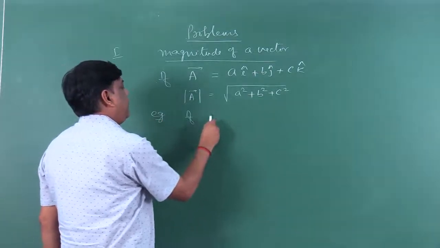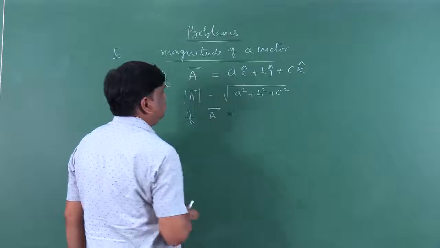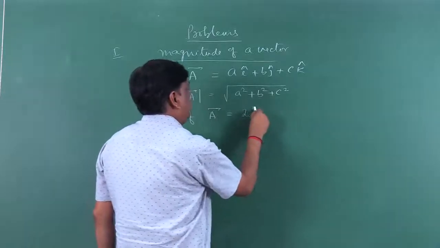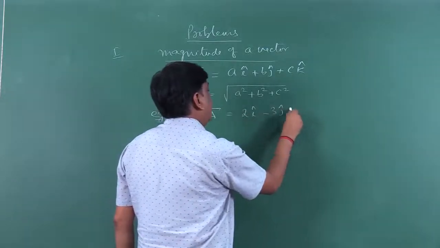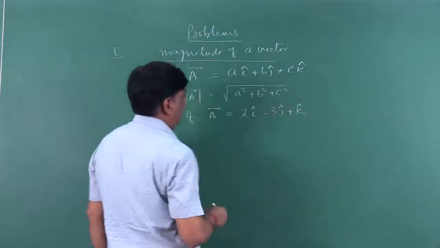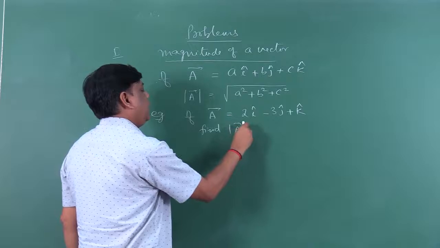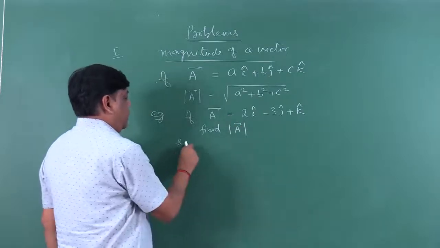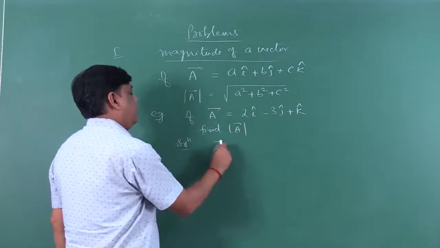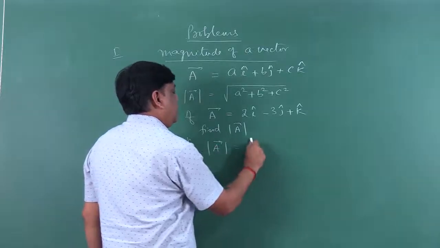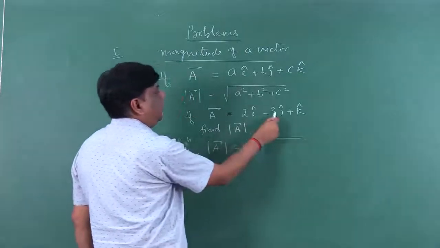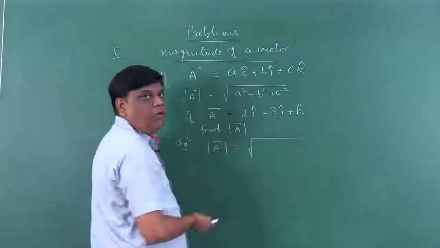If I say a vector A is equal to 2i cap minus 3j cap plus k cap, and the question is find magnitude of A. So we will write mod A is equal to root under of, this is A, this is B, this is C, and in place of C it is 1.